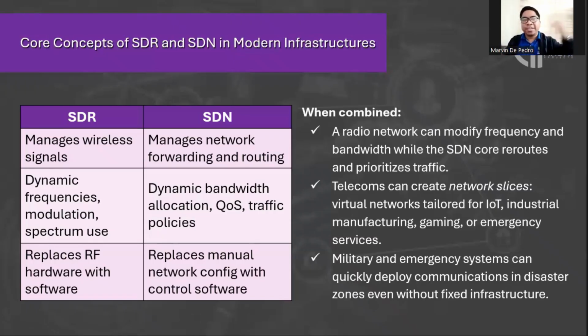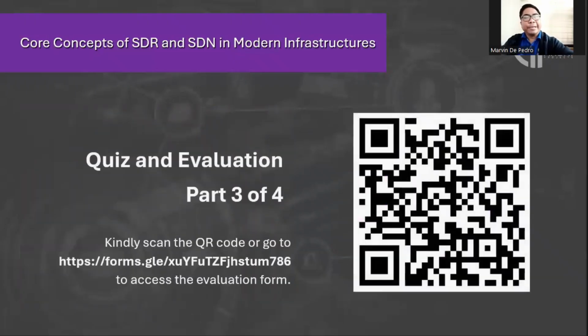If there's no existing infrastructure, you can have one with the help of SDR plus SDN. These two play a very crucial role in the advancements we have right now in our modern telecom infrastructures and operations. So that's it for this part.